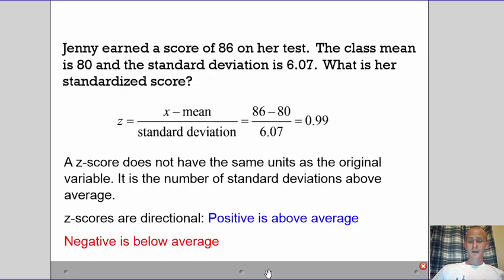The last thing is that positive means it's above. We knew she scored above the mean because she got an 86. But if you just see a z-score, you can indicate where this is located relative to other things. A negative tells us that it would be below average, or below the mean. So we'll do a little bit more with that 0.99. This is where we introduce one of the sections of our AP formula sheet that will come in handy.